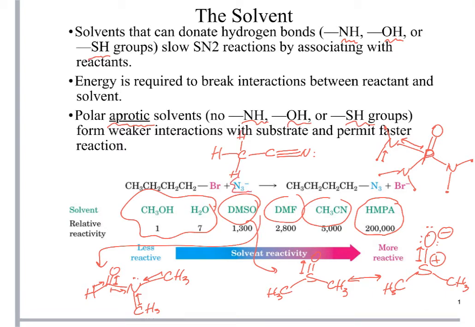N3 minus, by the way, is an azide ion. So azide will come from sodium or potassium azide, and that's another pseudo halide that's a potent nucleophile. So the structure of the azide ion.